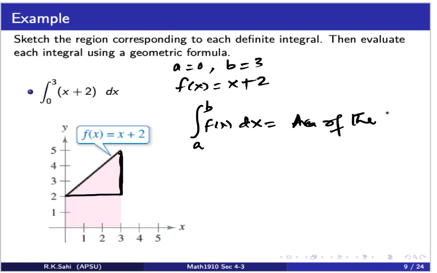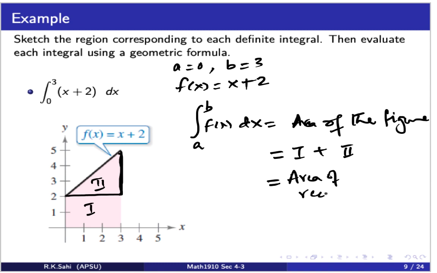So the area of the figure is 1 plus 2. What's the 1? 1 is basically a rectangle. So it's the area of the rectangle plus the area of the triangle. Both of them give us the figure which is here.